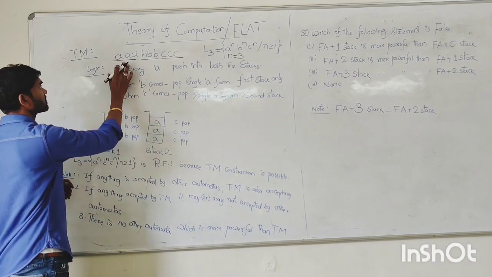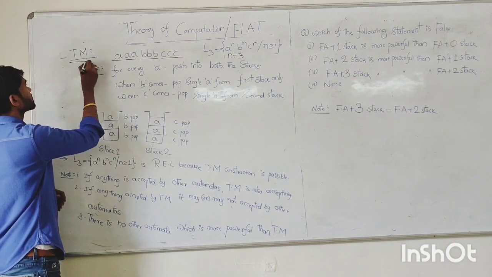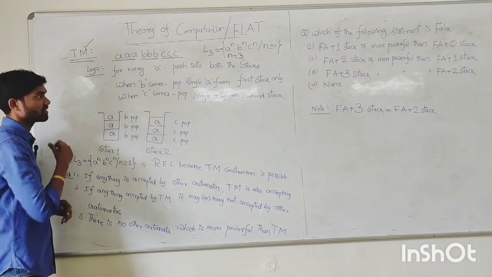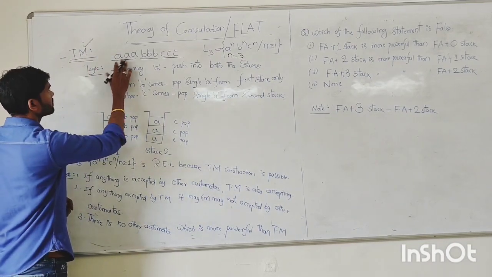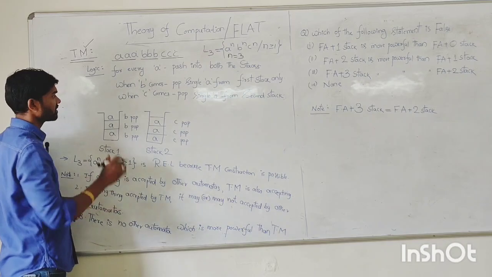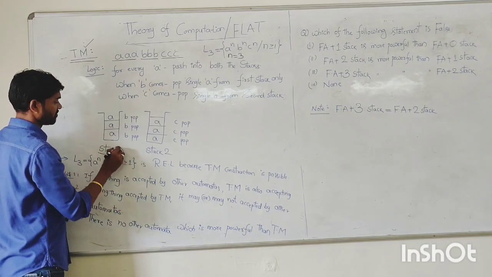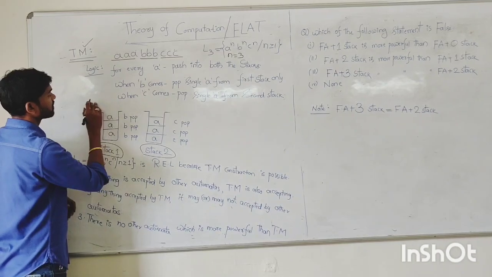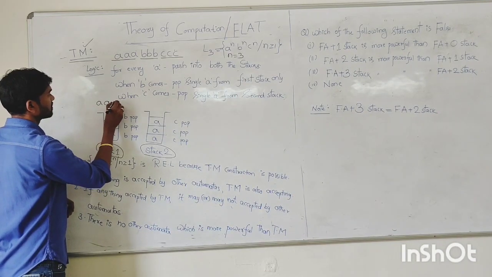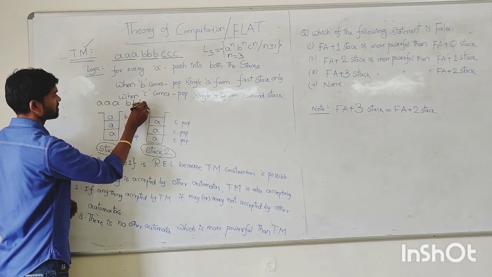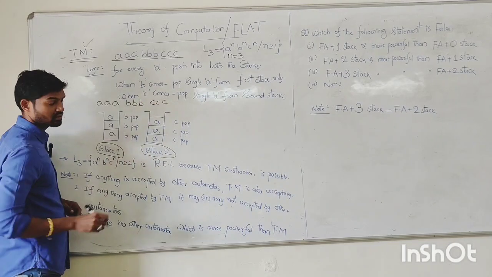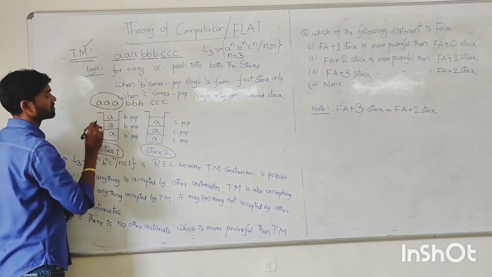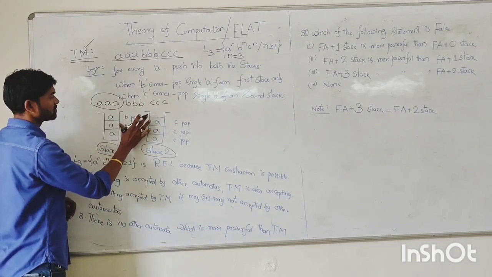Now, for this language, I am showing how Turing machine construction is possible. Before going to the construction, you have to take two stacks, stack 1 and stack 2. Now, for 3 a's, 3 b's and 3 c's, first push the a's into the two stacks.